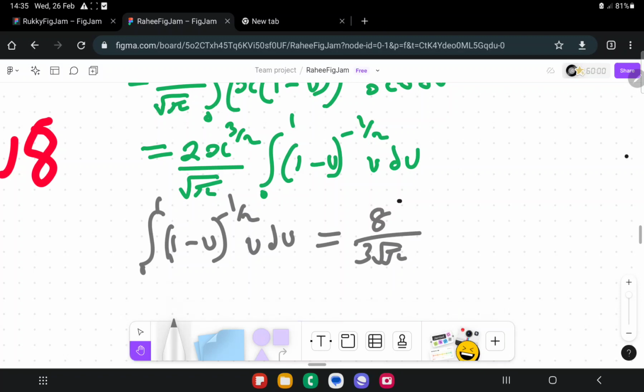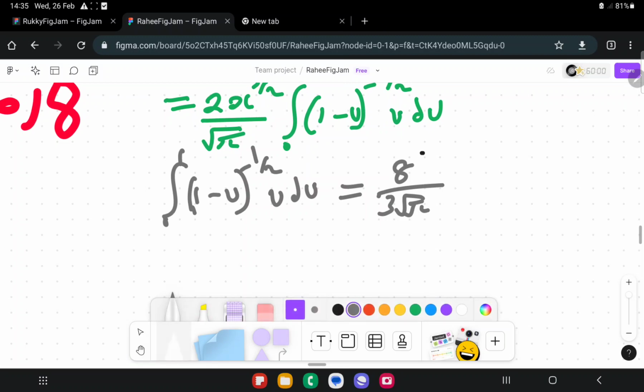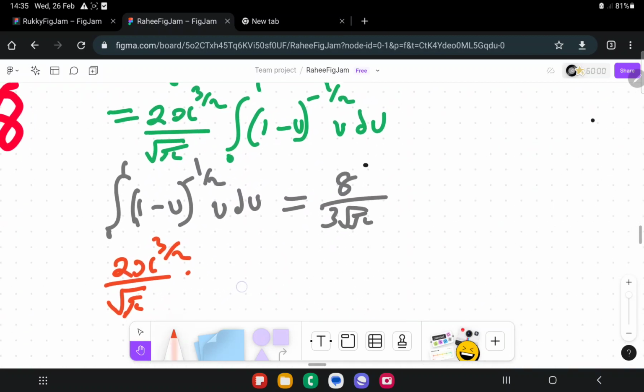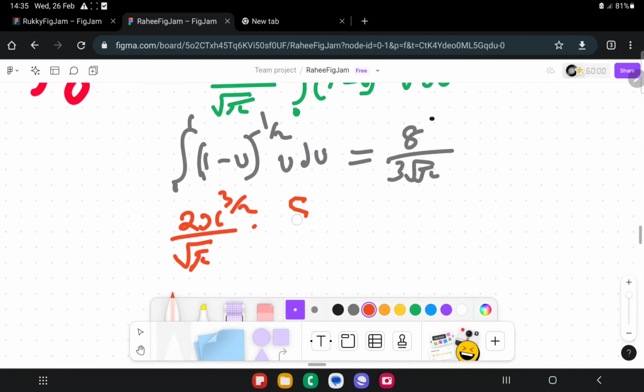So all we need to do is to replace it back. In place of the integral, we put that. So now we have 2x raised to power 3 all over 2 all over the square root of pi, then multiplied by what we have here, which is 8 all over 3 into the square root of pi.